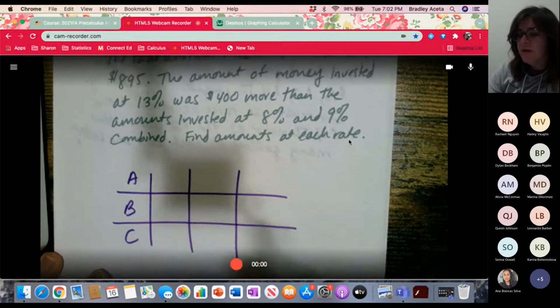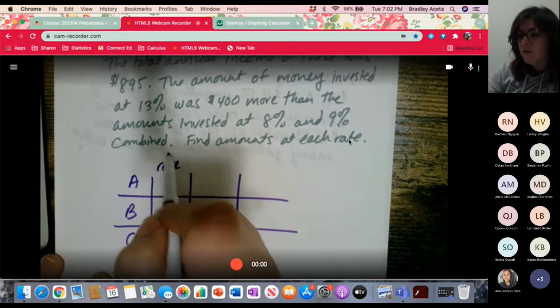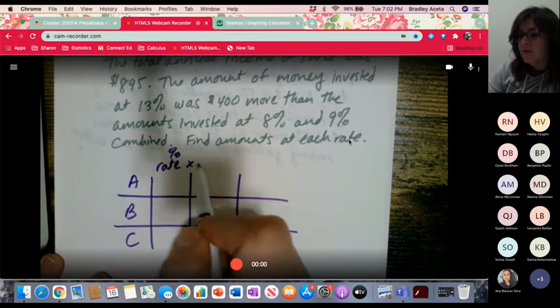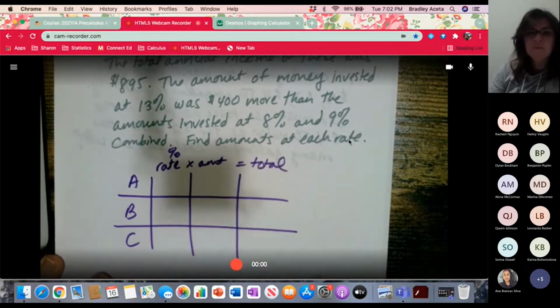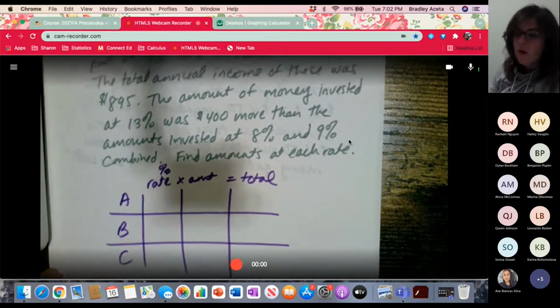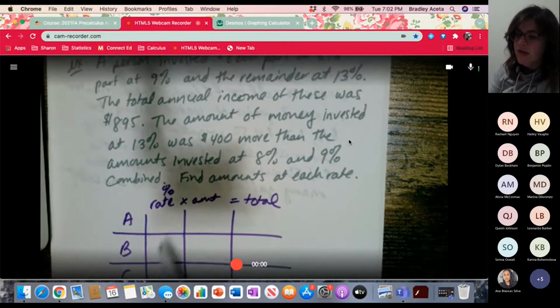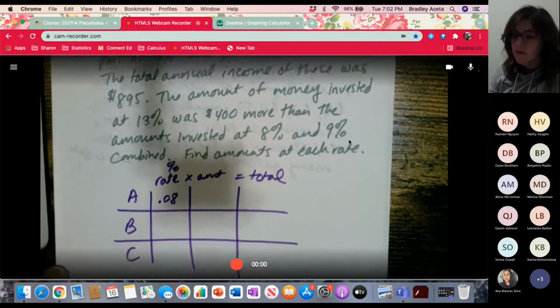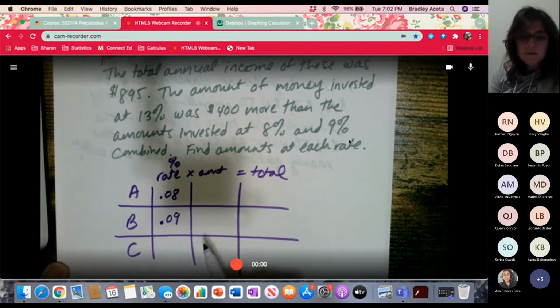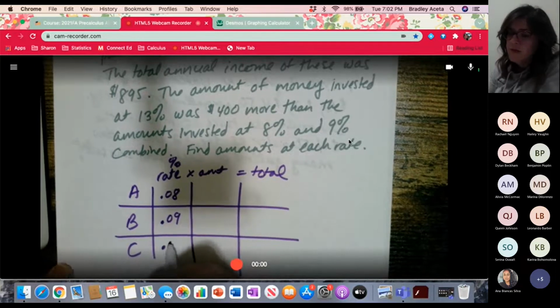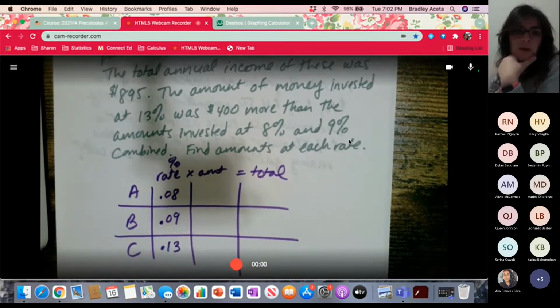Now remember, it's rate, or your percent, times the amount equals the total. So we'll call investment A my 8%, so 0.08. B is my 9%, so 0.09. And then C will be the 13% remainder.